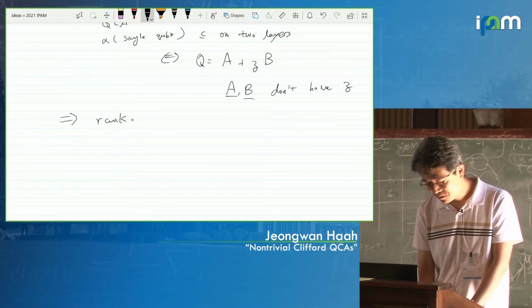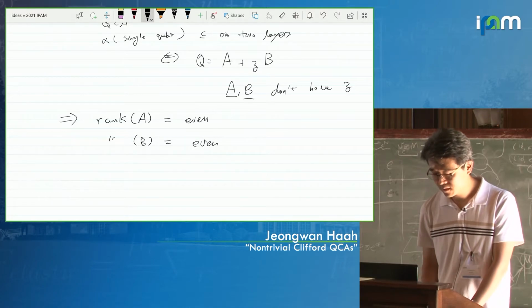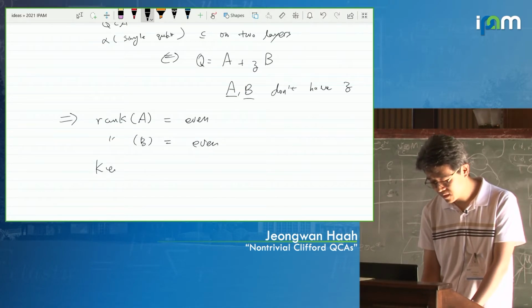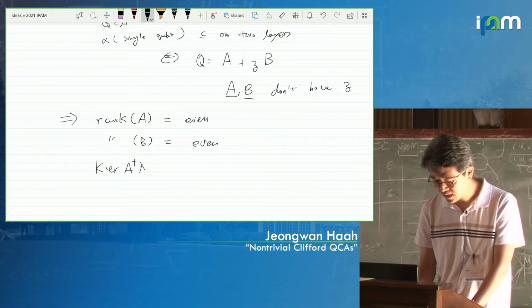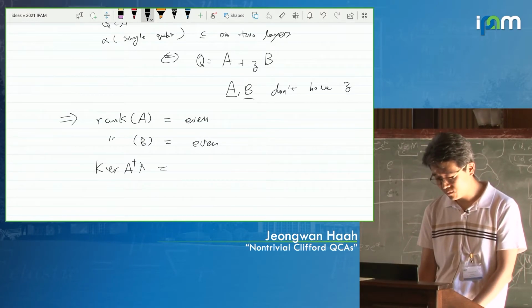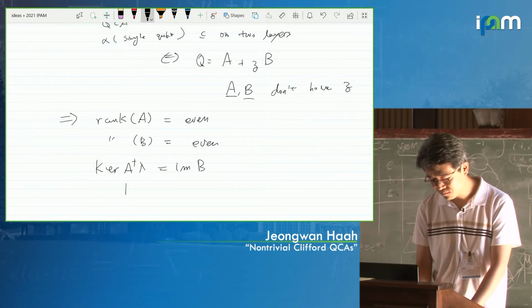The matrix rank of A is always an even number. So is that of B. And more interestingly, the kernel of A transpose dagger times that symplectic matrix is equal to the image of B, and symmetrically for B.